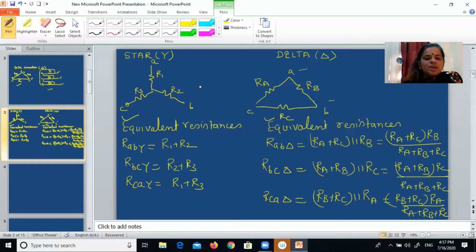Now whenever we replace star by delta or delta by star, the equivalent resistance offered by star between terminals A and B should be equal to RAB delta.